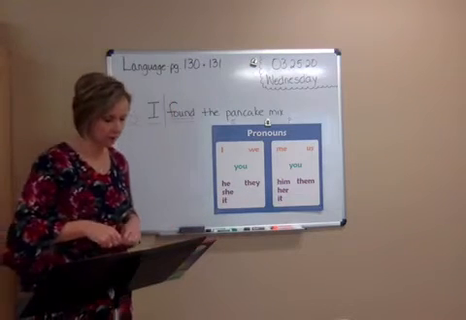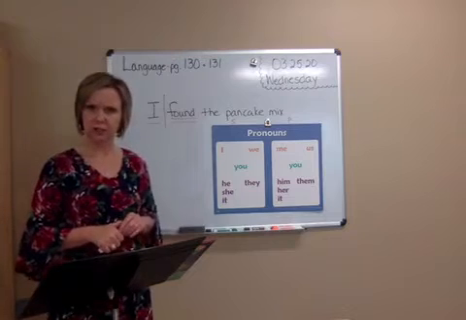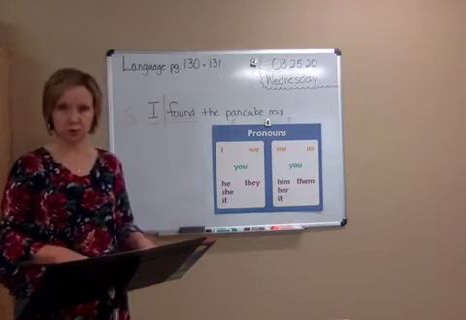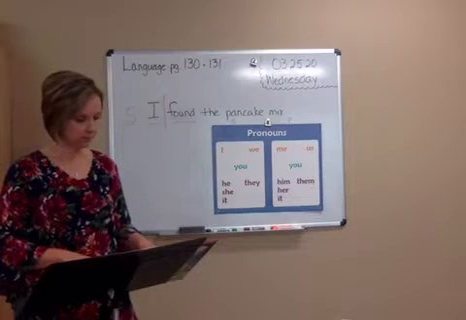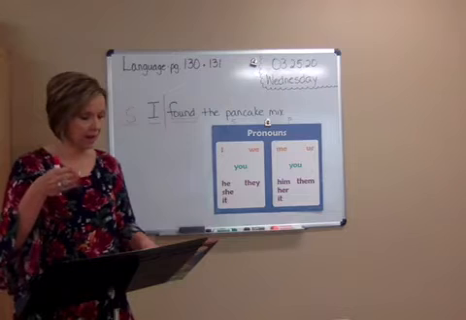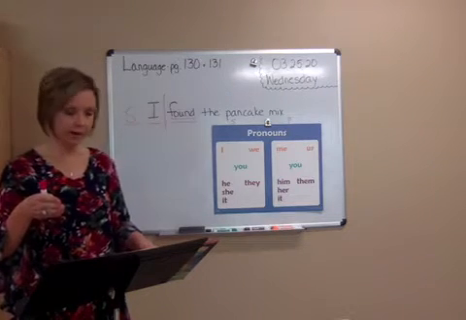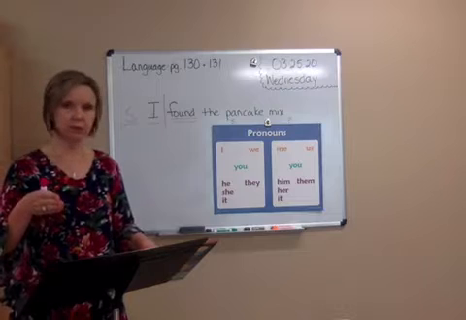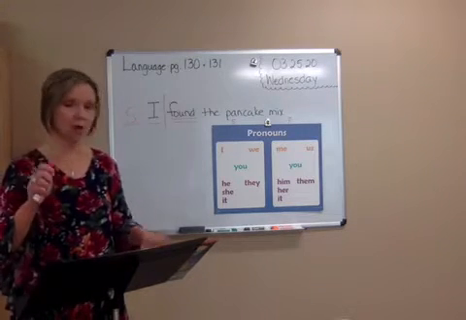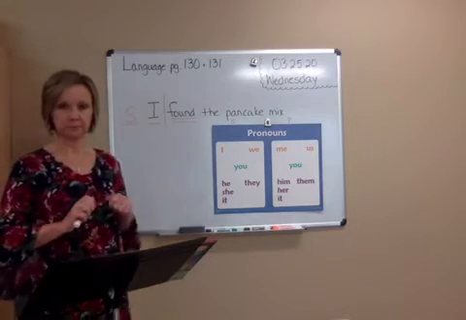Okay? Number 6, Dad told us that the pancakes were delicious. So where would we divide? Yes, between Dad and told. So your line goes between Dad, told. Our action verb, told, correct. Our subject, Dad, correct. So 2 lines under told, 1 line under Dad. That's the first part of that.